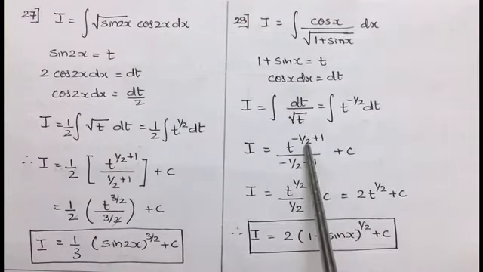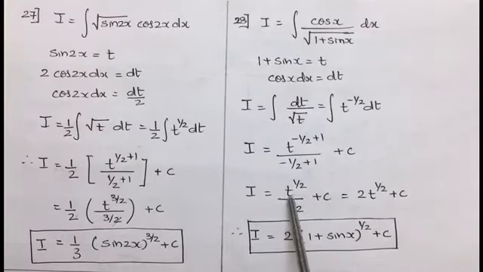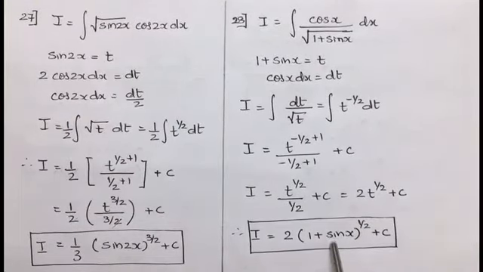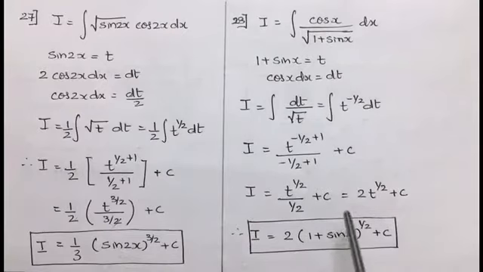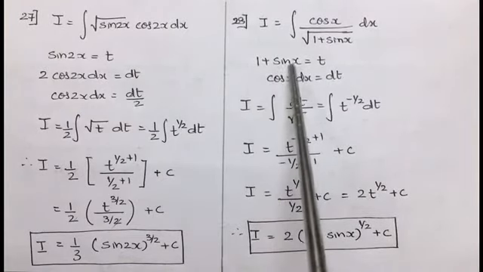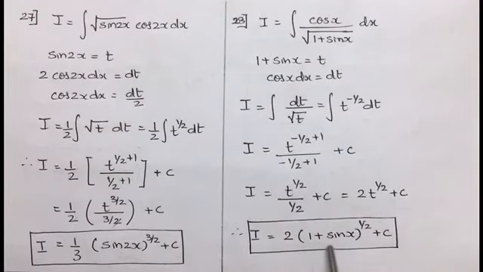Operating it with LCM, we will get t raised to 1 by 2 upon 1 by 2 plus c. Taking 2 up, the final answer becomes 2 t raised to half plus c, and then t is replaced by 1 plus sin x. So replacing t as 1 plus sin x, this is the final answer we will get.